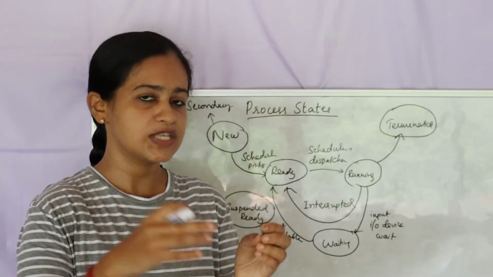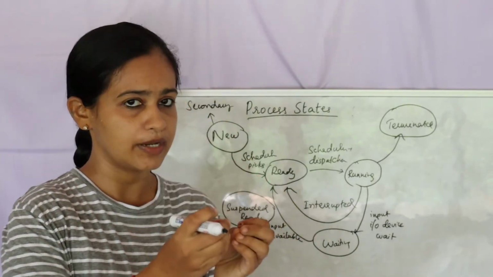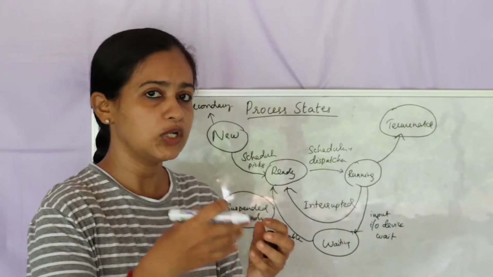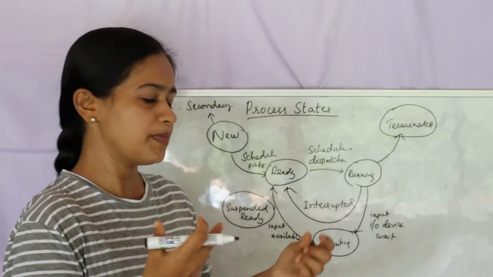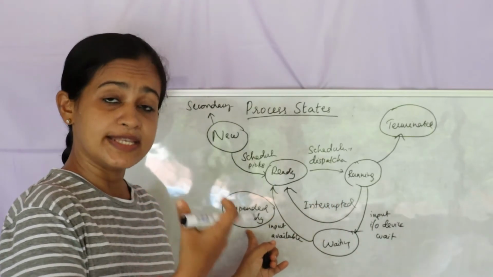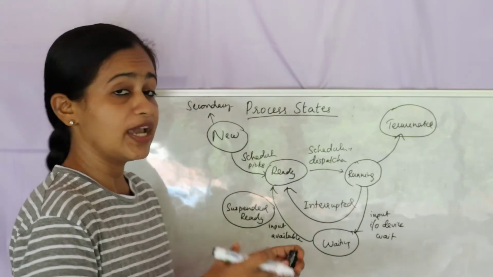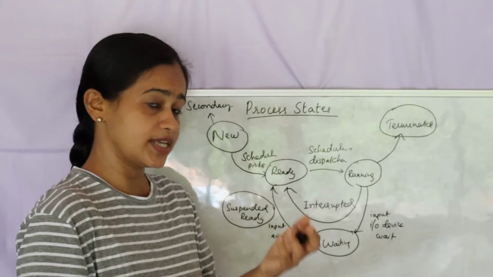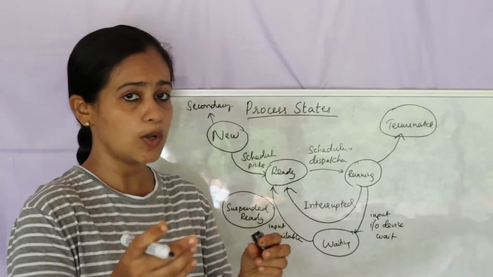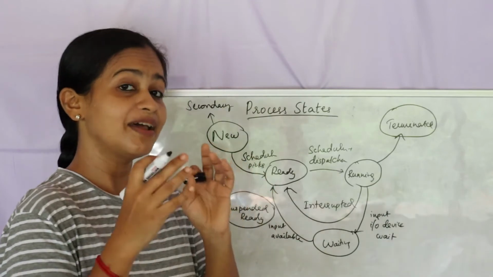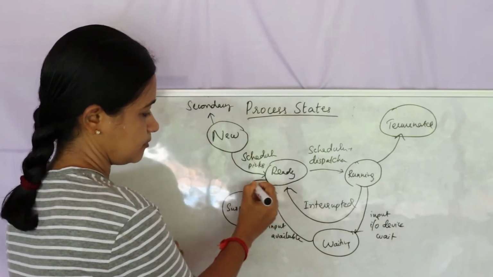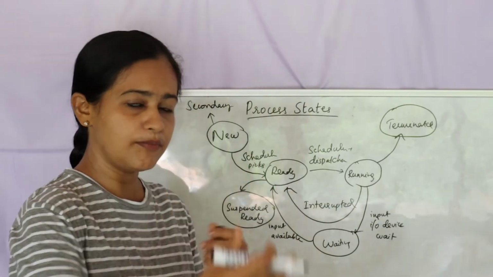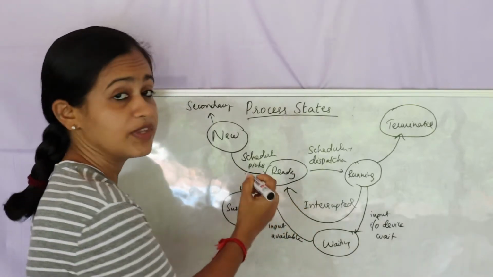We need some space for the higher priority jobs which come in. Then what we do, all the lower priority jobs are taken out from the main memory and they are taken to secondary memory. So those jobs are swapped into secondary memory. That's when the jobs go into suspended ready state. Again, when the memory is available, they can come back to ready state.